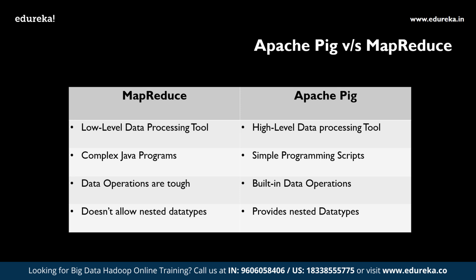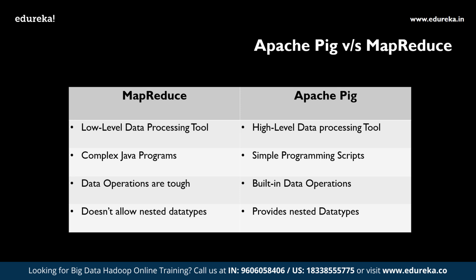Followed by that, the next important difference is that we find complex Java programs when we are using MapReduce. But in Apache Pig, we have simple programming scripts, which are shorter in code length and easily understandable.